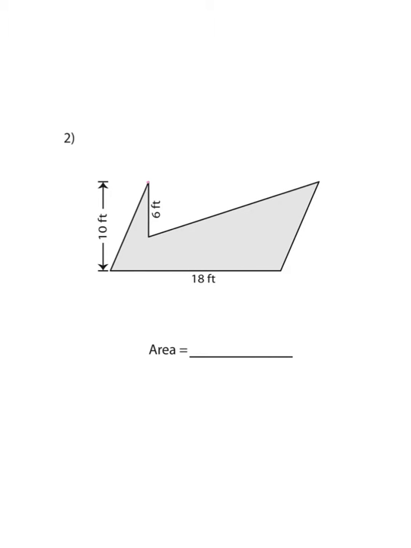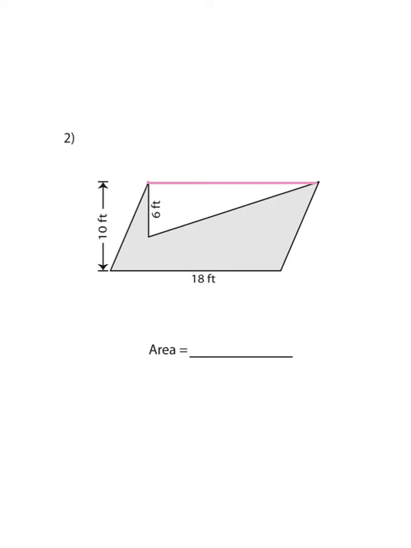Okay, now we have this funny looking shape, but if I look at it, it actually looks like a parallelogram, doesn't it? Okay, so when I look at that, I realize, hey, that's a parallelogram with maybe a little bit taken out. So if I find the height of the parallelogram, and then I'm going to subtract that triangle that's taken out.